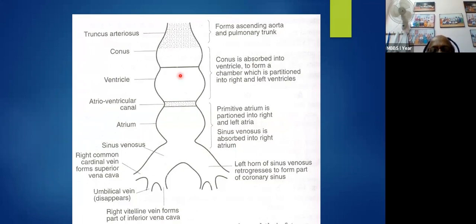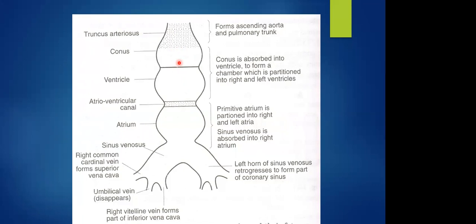This one ventricle gets divided into right and left after the formation of the septum between the two. What exactly is derived from the conus? You already studied the interior of the right ventricle, the outflowing part of the right ventricle.